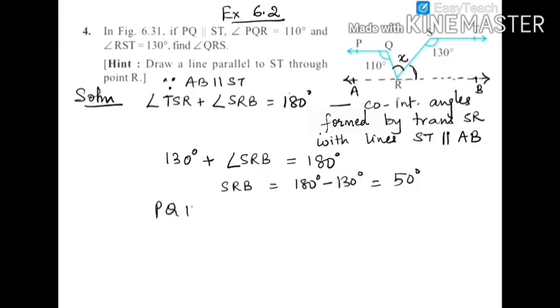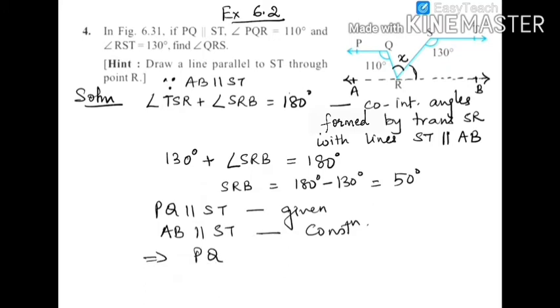PQ is parallel to ST, that is given in the question. And we have drawn AB parallel to ST. That is construction or drawing that we have done. So this implies PQ parallel to AB.